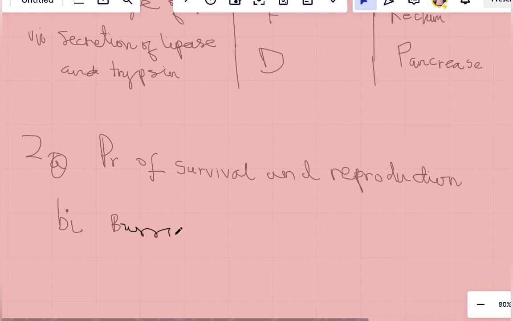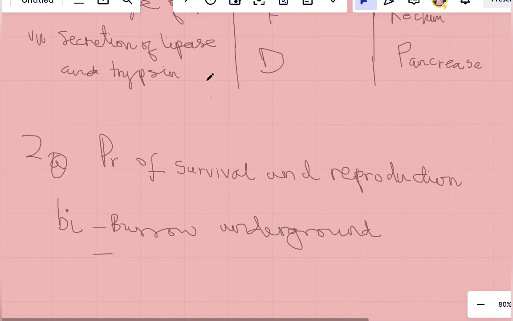If the marks is 4 marks, we have to write 4 points. So it depends on the marks. Burrow underground. Okay, that's number 1 feature.